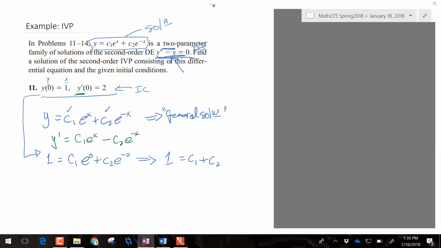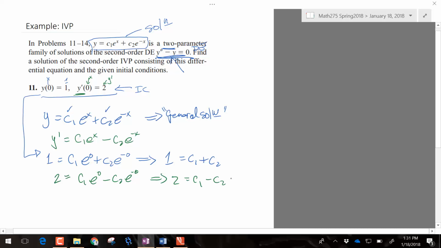Then dealing with our second initial condition, when x is equal to 0, the derivative is equal to 2. So 2 = c1 e to the 0 minus c2 e to the negative 0, and e to the 0 is 1.